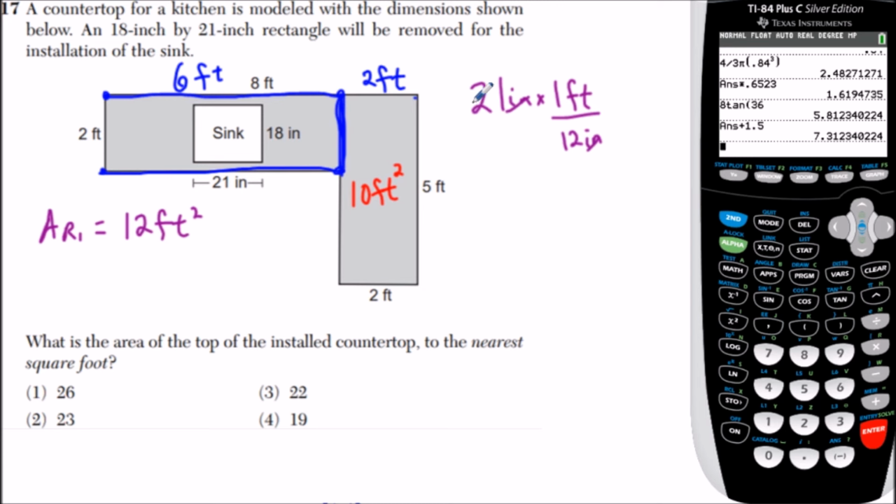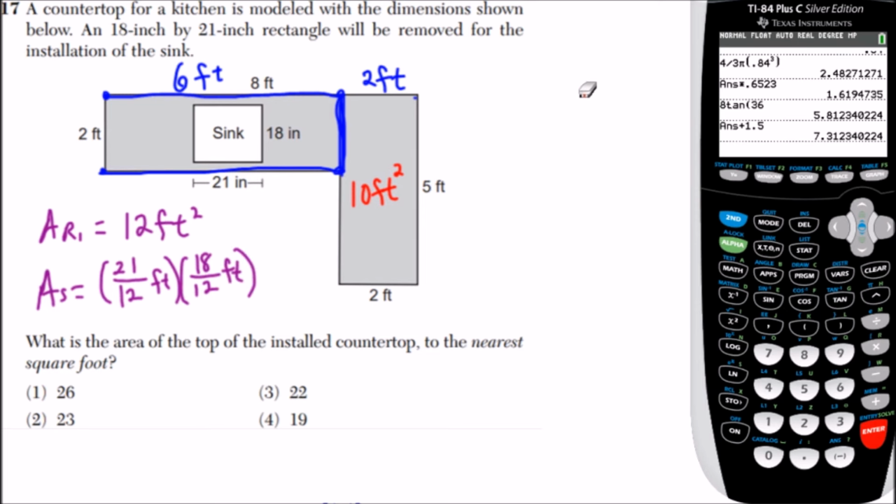So then in terms of feet, the area of the sink, well, the length I could say is 21 over 12 feet. And then the height or the width, you could think of as 18 over 12 feet. So same way we're converting that piece. So then the calculator will tell us here what that value is.